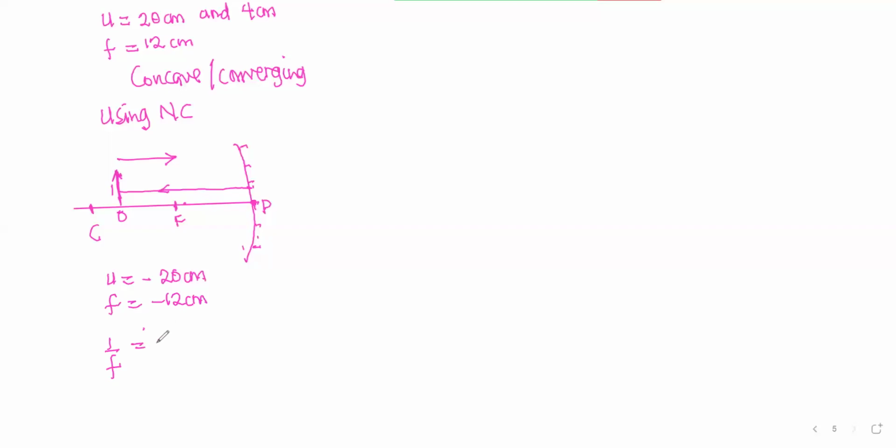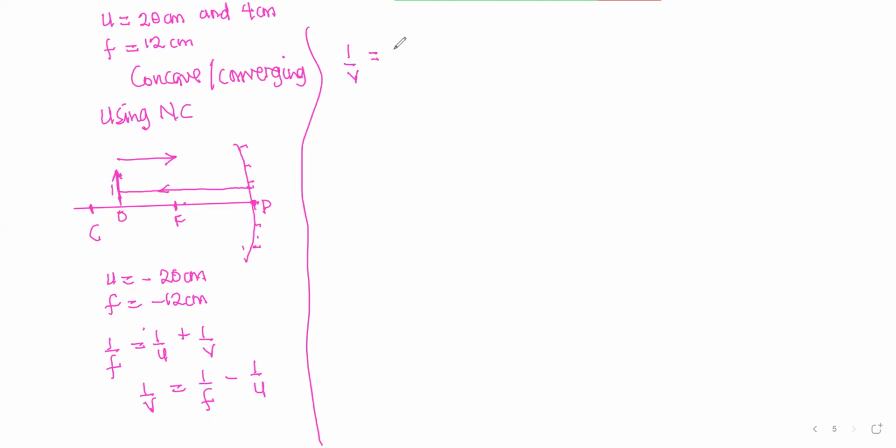So let's determine V. So 1 on F is equal to 1 on U plus 1 on V. 1 on V is equal to 1 on F minus 1 on U. Now, what is F?